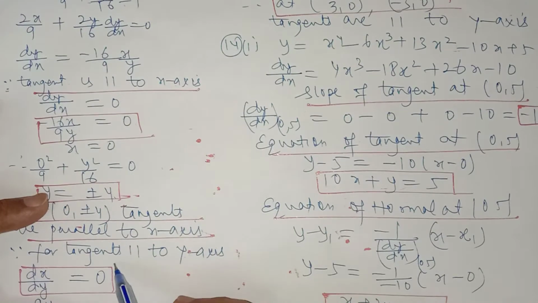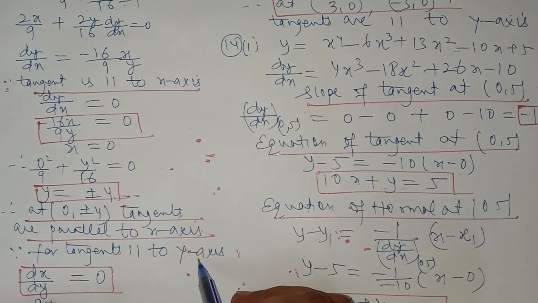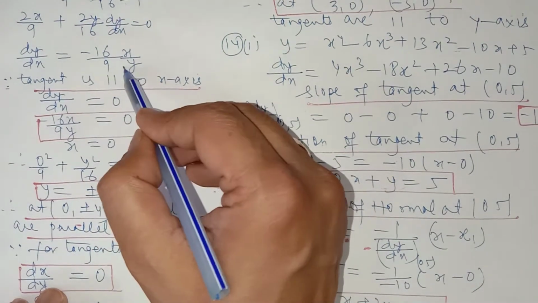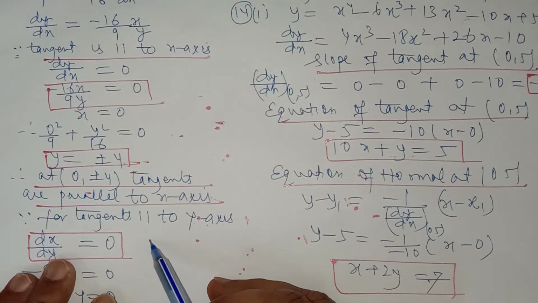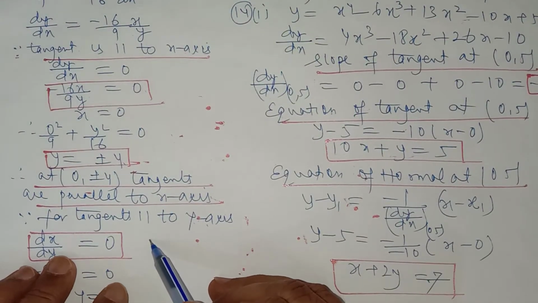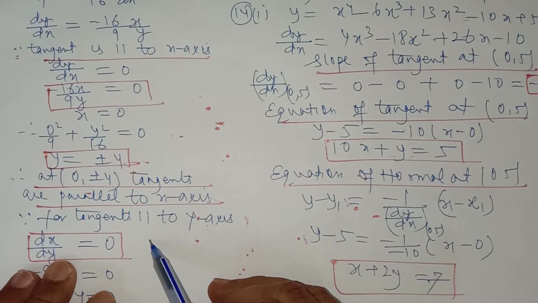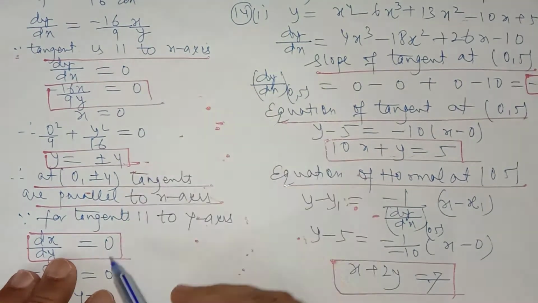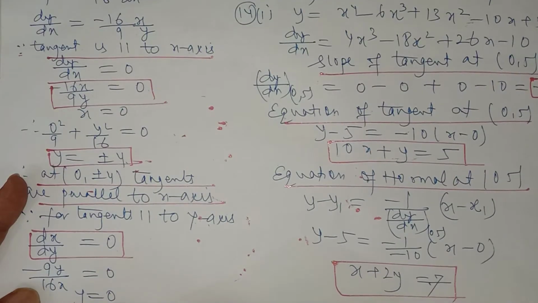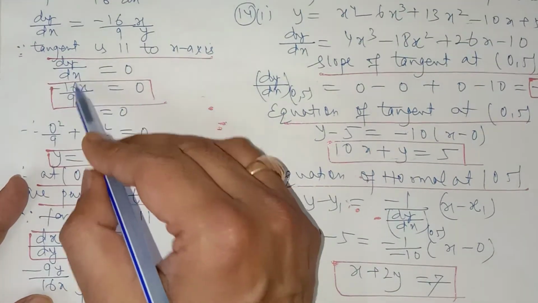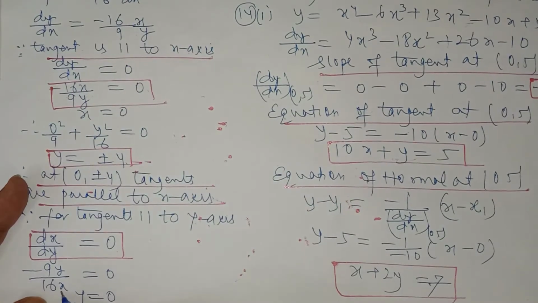Similarly, for the tangent parallel to the y-axis, the negative reciprocal of the slope will be equal to 0. When the line is parallel to the y-axis, the slope is not defined, or the negative reciprocal of the slope of the tangent will be equal to 0. So put dx/dy equal to 0. You are getting dx/dy equal to 9y upon minus 16x.